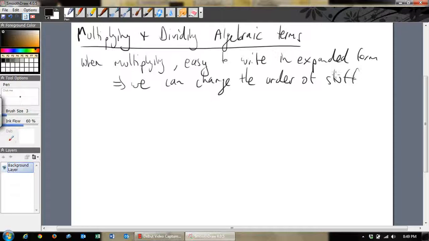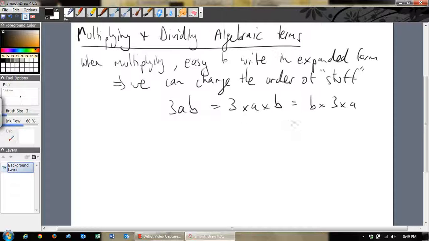Gee, this is lazy, but change the order of stuff. In other words, if you've got 3ab, which means 3 times a times b in expanded form, then you can write that as b times 3 times a. It doesn't matter, we can change the order of things. We're allowed to do that with multiplication.